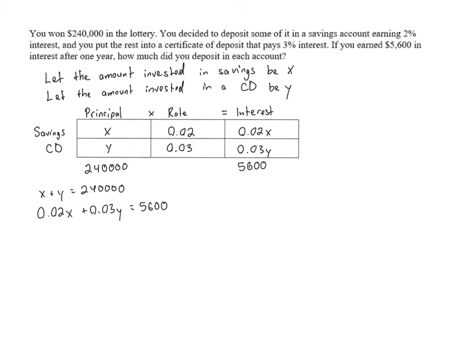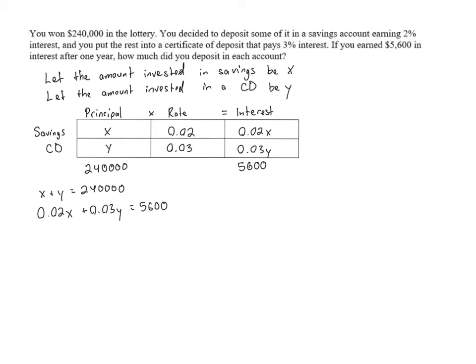We can isolate either x or y in the first equation to do our substitution, but the math is always just a little bit easier if you look at the other equation and find the variable that has the smaller coefficient. Because 0.02 is smaller than 0.03, it's easiest if we isolate x in the first equation, and it just ends up working out that we avoid a negative sign, which makes the math just a little bit easier.